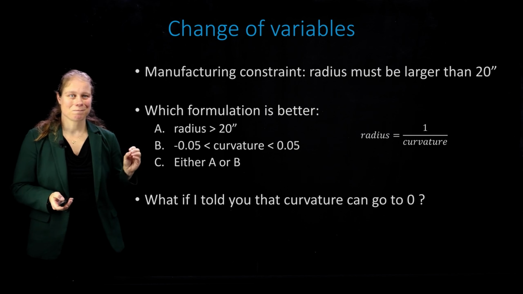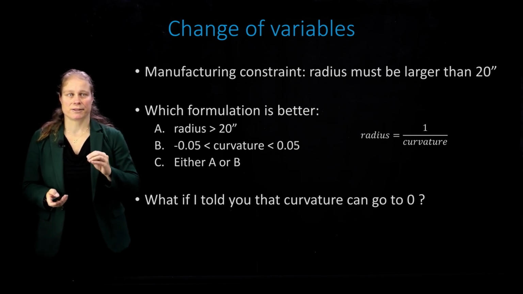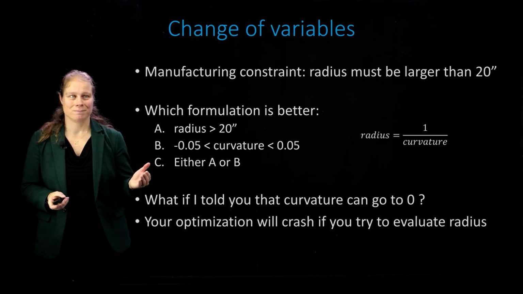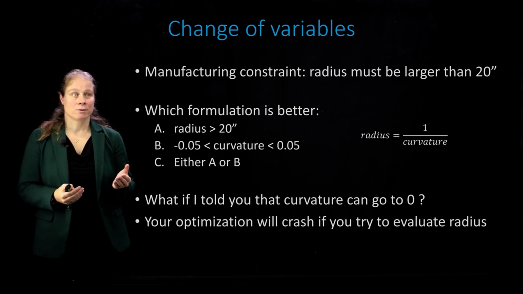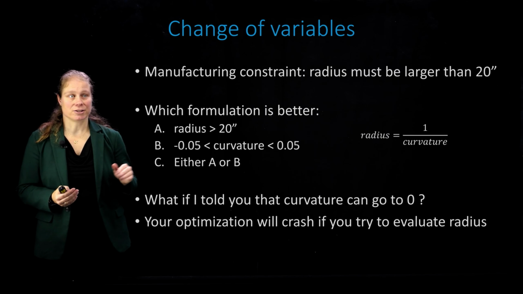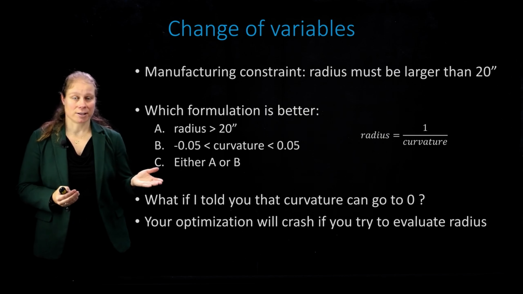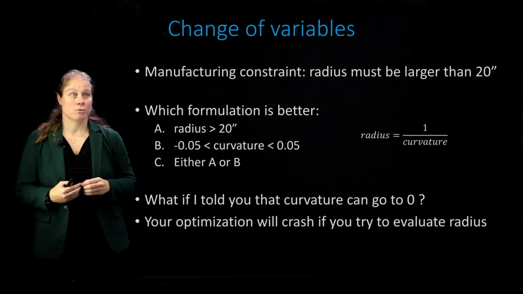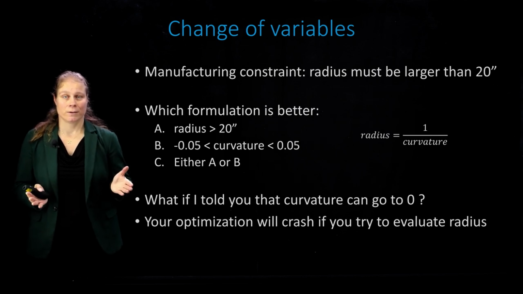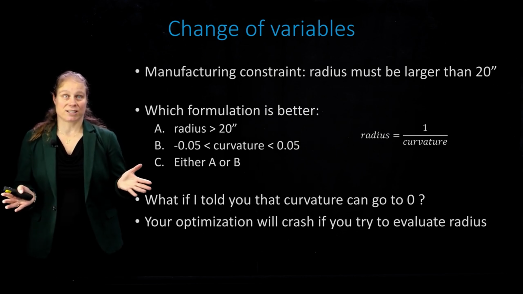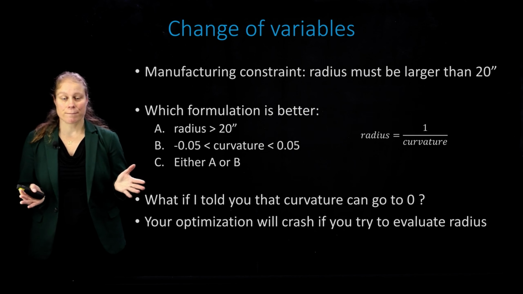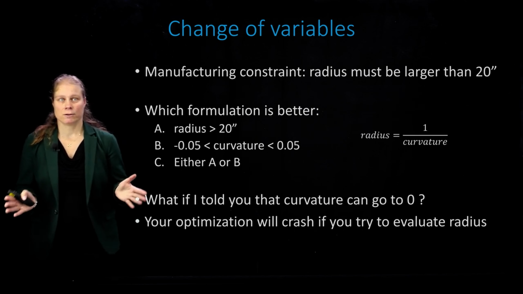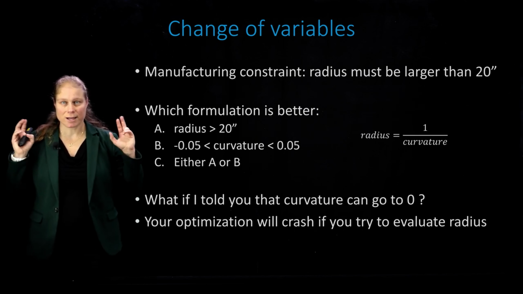Well, as engineers, that concept is very easy to grasp. But if you tell that to a computer, the computer will derive the curvature from the path definition. And after you calculate the curvature, it will calculate the radius. Which means that if you are trying to divide by 0, your code will crash, because optimizers typically don't know what to do with inf.